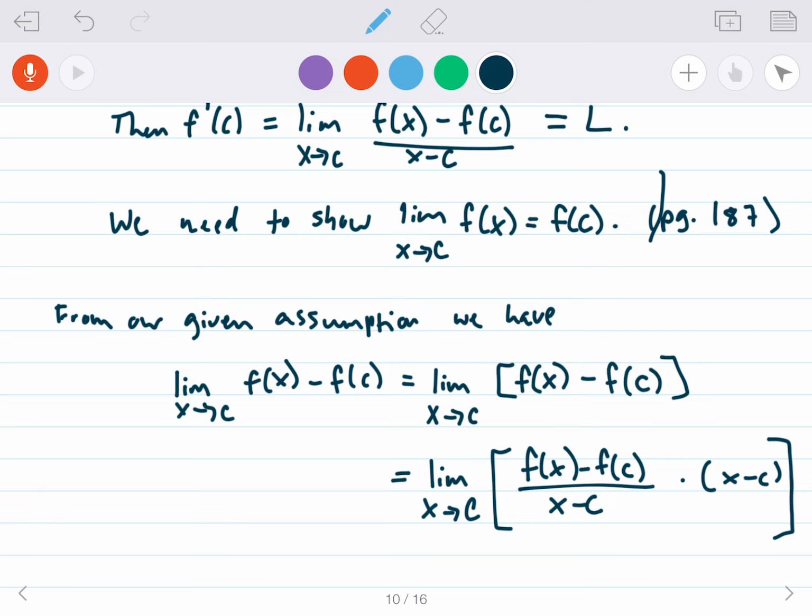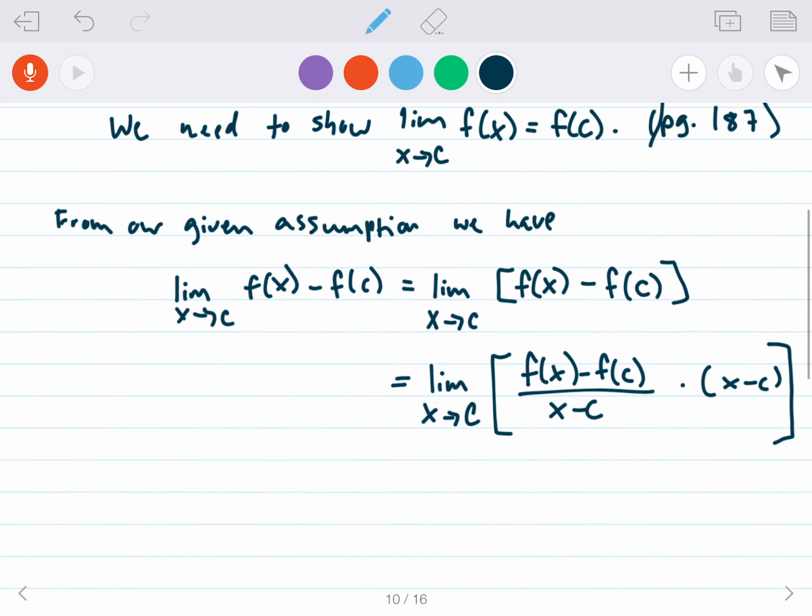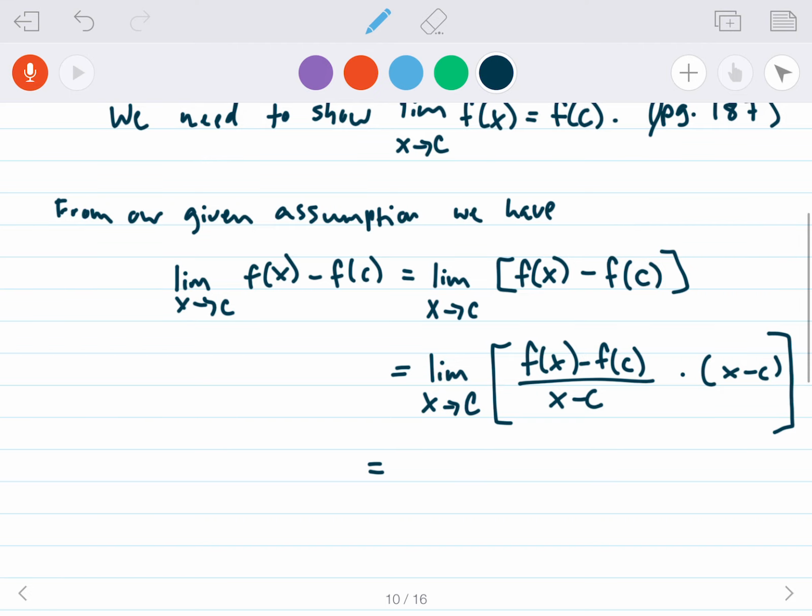And we can use the product limit laws to separate this stuff out into a product. The limit of the products is equal to the product of the limits, is what that limit law said. This is the product limit law. I think the book says funky limit laws. I think that's one of them.